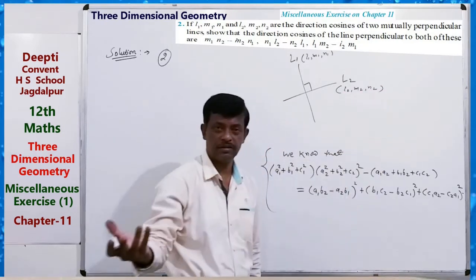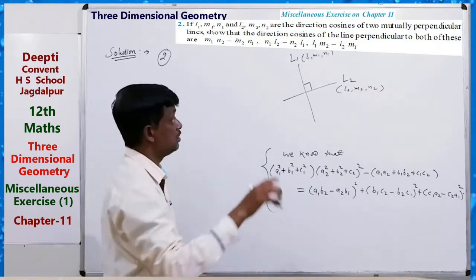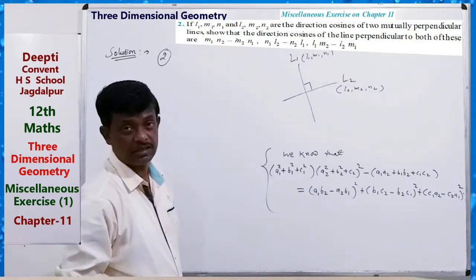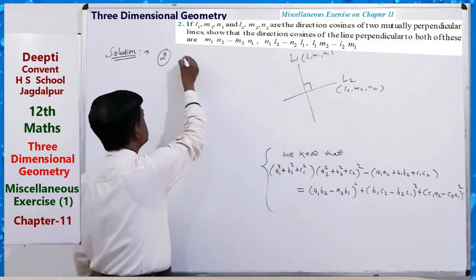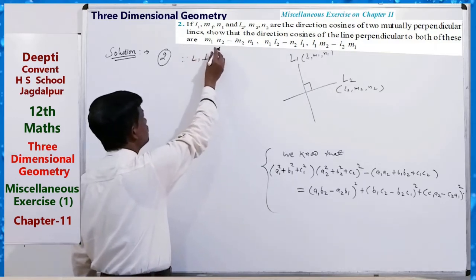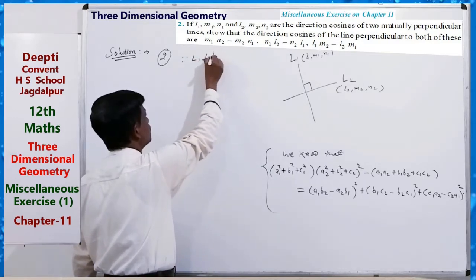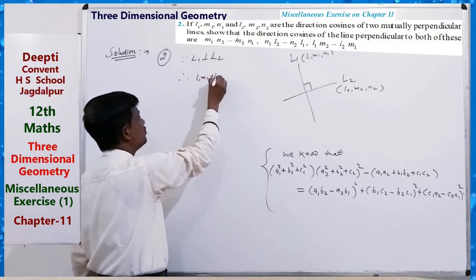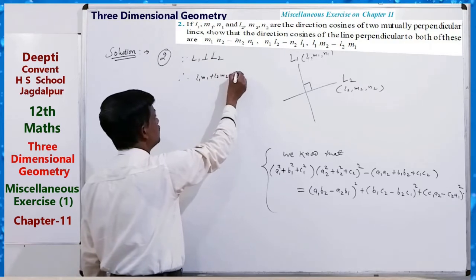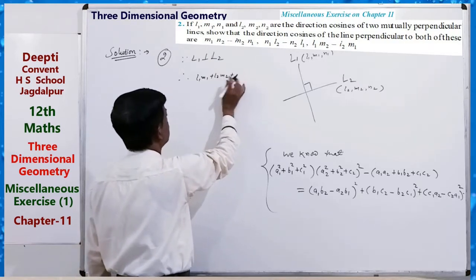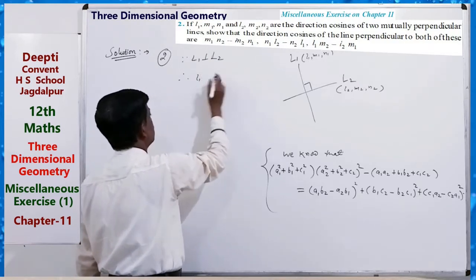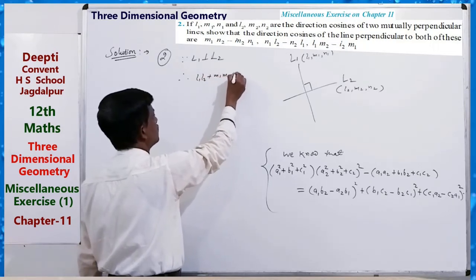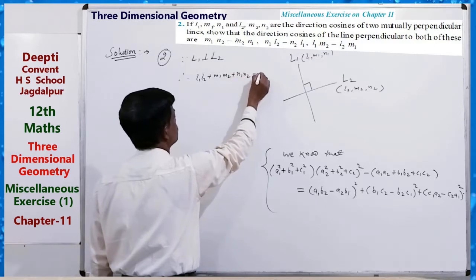These are given, mutually perpendicular lines. So, since L1 is perpendicular to L2, therefore L1 L2 plus M1 M2 plus N1 N2 is equal to 0.